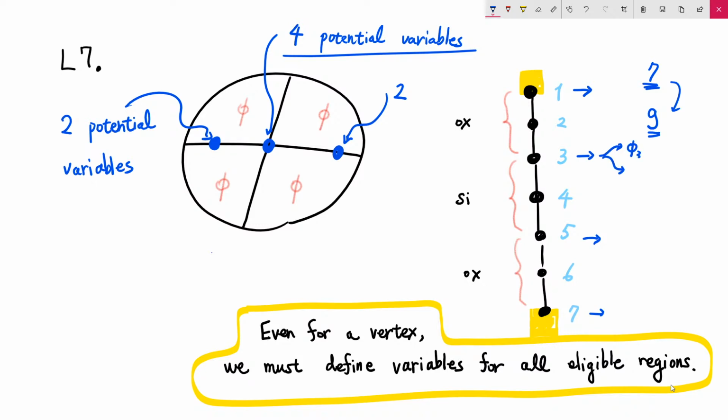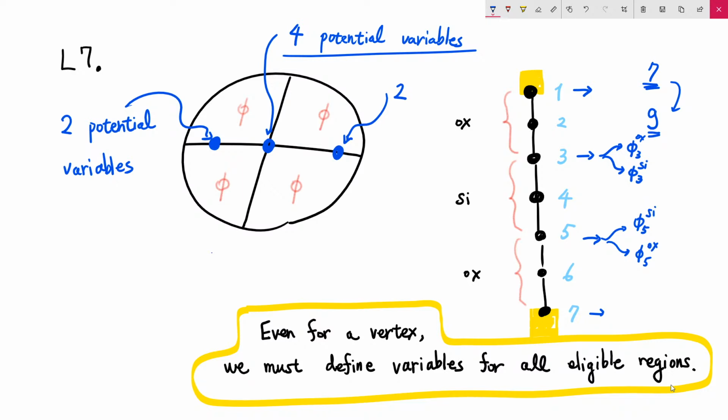Now potential at vertex number 3 is split into oxide region and silicon region, and also this one is split into silicon 1 and oxide 1.